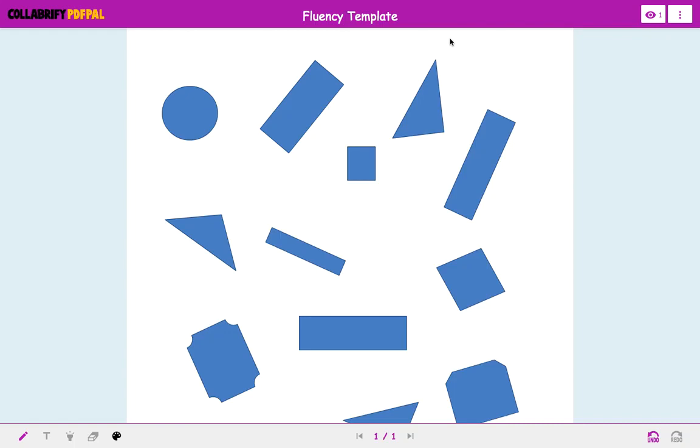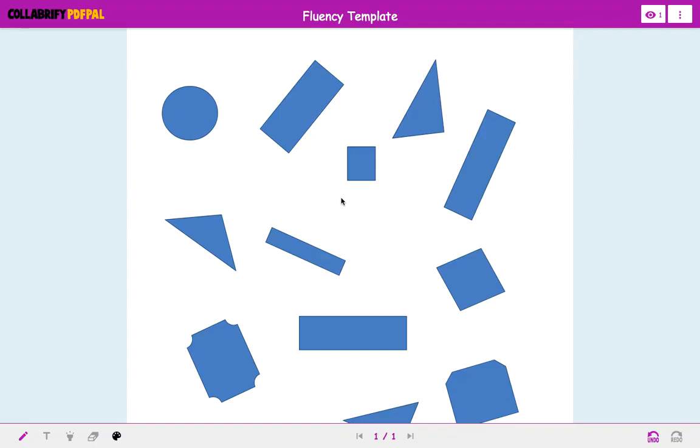You're right. It is not a rectangle. Is this a rectangle? It is a rectangle. It follows the same rules.